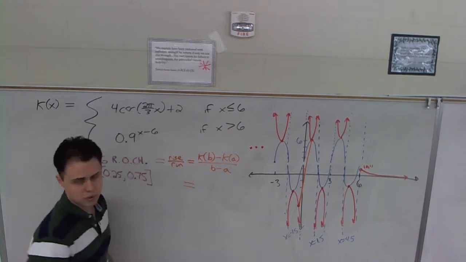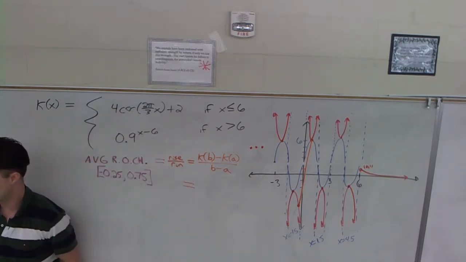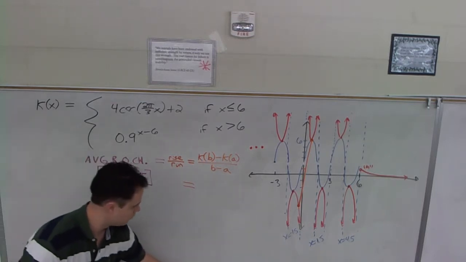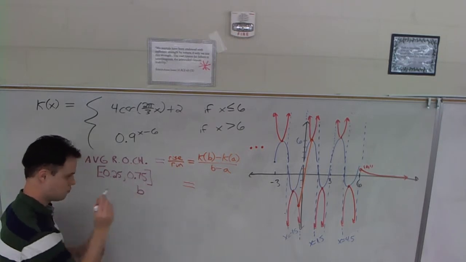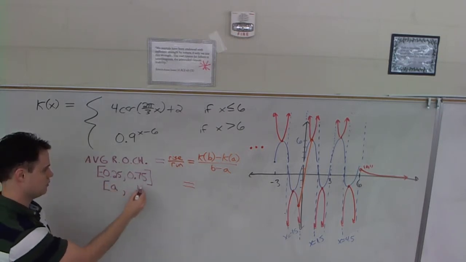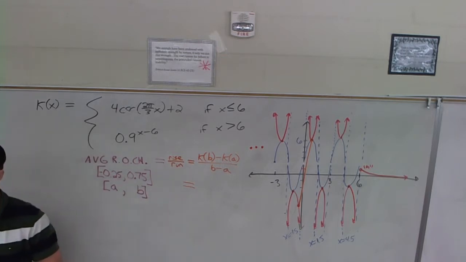There's all kinds of symbolic ways to do this. This is the one you would use in the future. So b is the end spot on the interval, and a is the beginning spot on the interval.